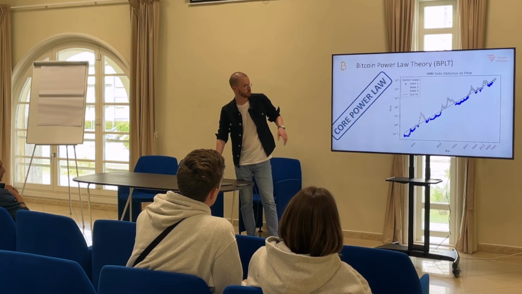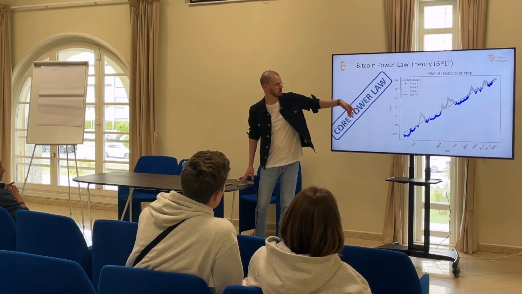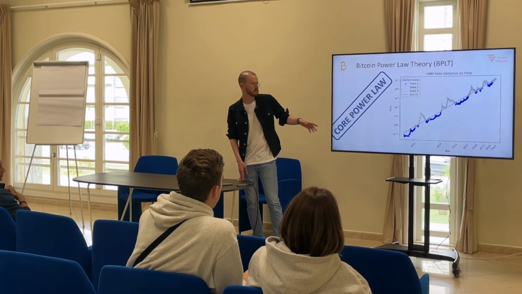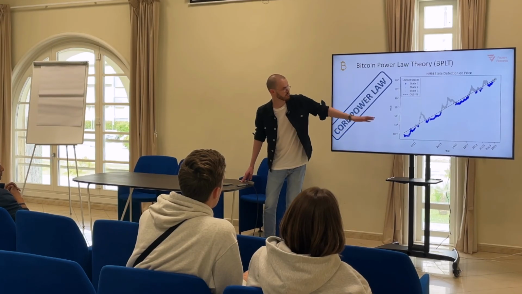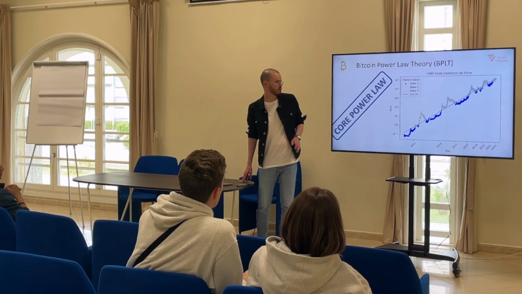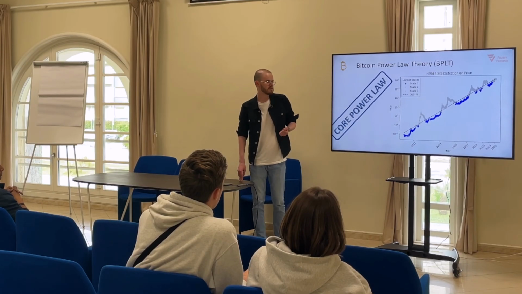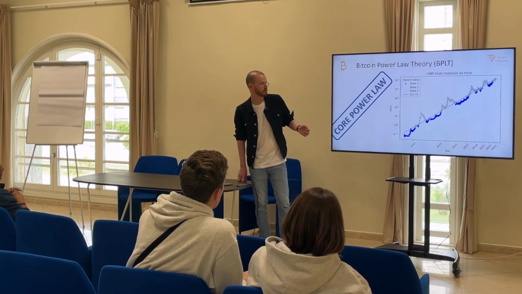So we have the core power law channel, which is basically the first state of Bitcoin. And this is really the essence of the power law. As you can see, it's pretty much parallel to the trend line. And this is when Bitcoin is usually pronounced dead and happens to be in a bear market.